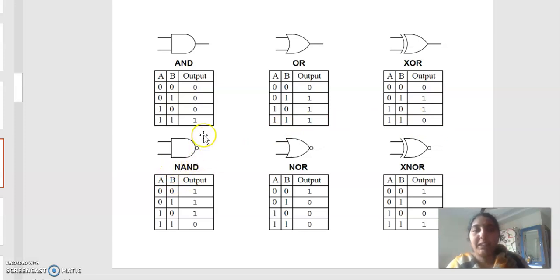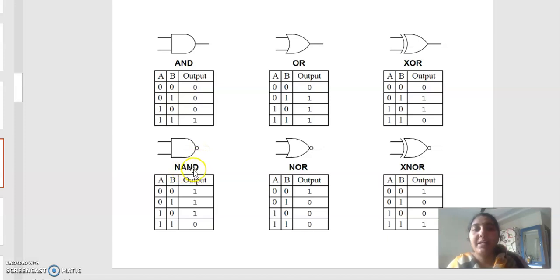Next, the universal gate, that is the NAND gate. The NAND gate is the opposite of the AND gate, or we can say the complement of the AND gate. The symbol is the same, but at the output side you keep one bubble. The bubble represents the NOT gate or complement of the output.